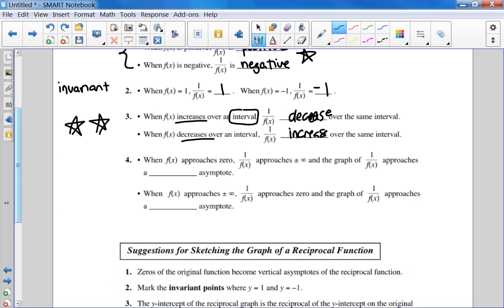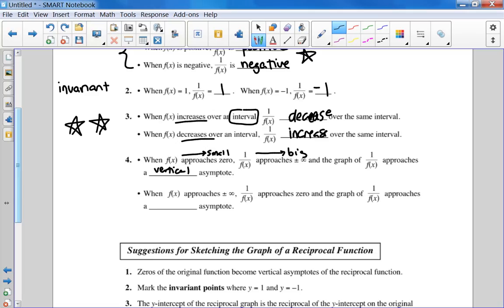And number 4, we've talked about this on the last page. Let me translate this math speak to you. When the function approaches 0, so as the function gets small, the reciprocal gets big, and the graph approaches a vertical asymptote.